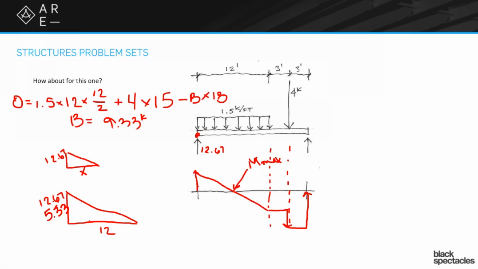I've done a little extra math for you here, but it's the sum of that, and then when you solve, you can do your ratios and solve for x, and you get a value of x, which is 8.45 feet. That's how far away from this left end that point of zero shear is.